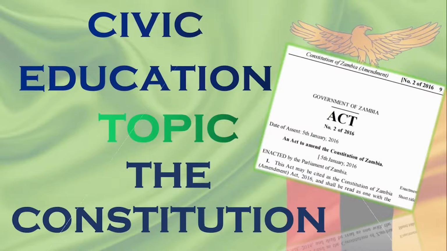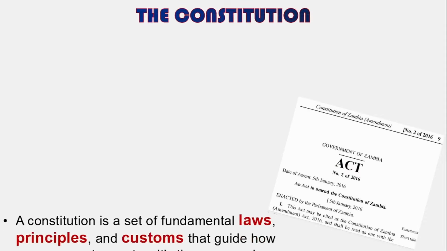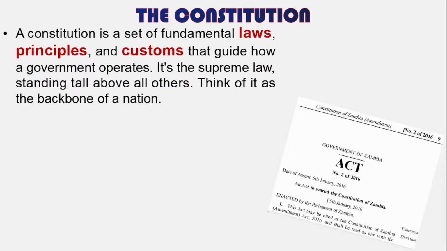Now let's dive into what really is a Constitution. Now there are different ways that you can define this one. But the definition that we're going to go by is that a constitution is a set of fundamental laws, principles, and customs that guide how a government operates.